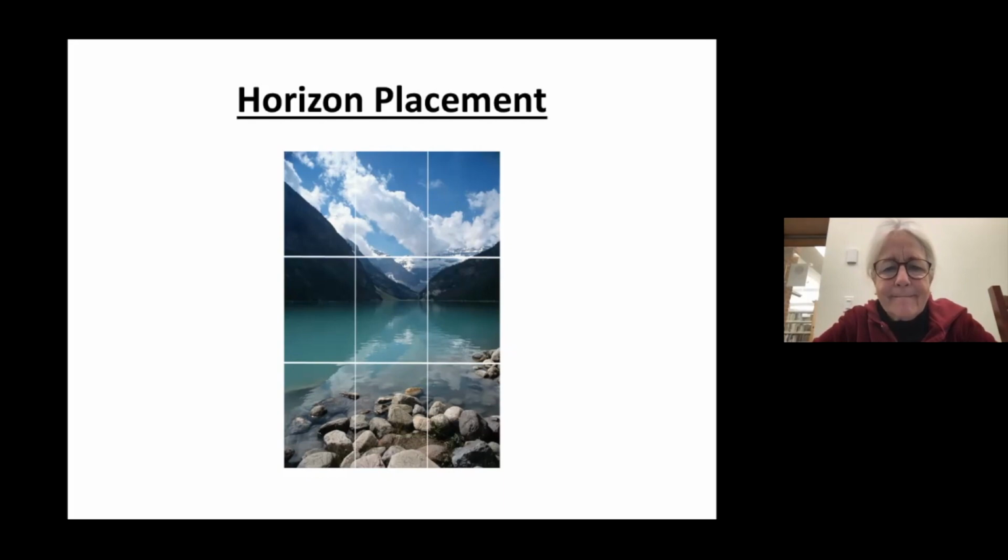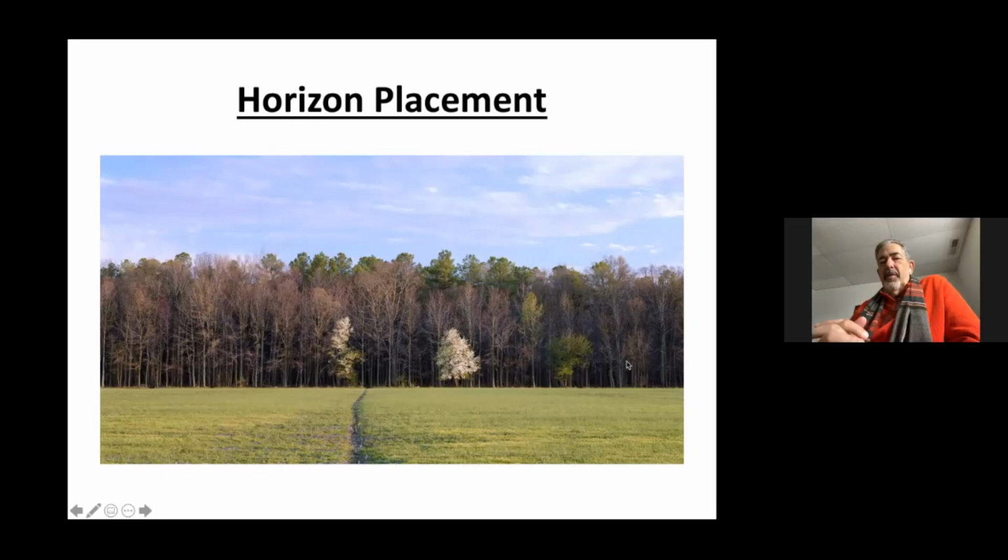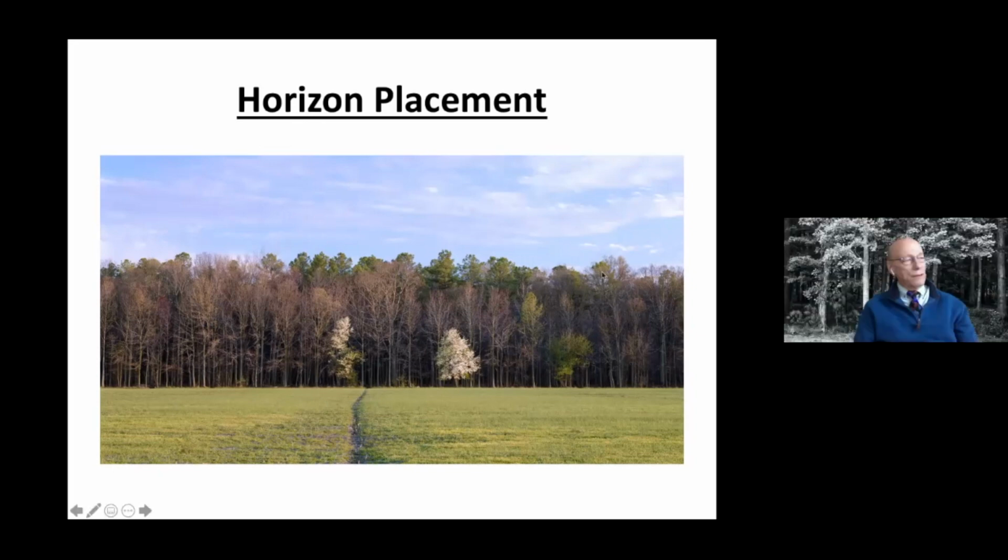Okay. So again, take a look at this one. You've seen this one before. There are two horizons. Why did I place this one here? Giving equal weight to the sky and the foreground. And this has to have some weight in there too, right?